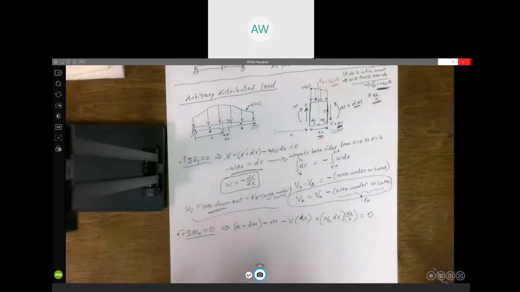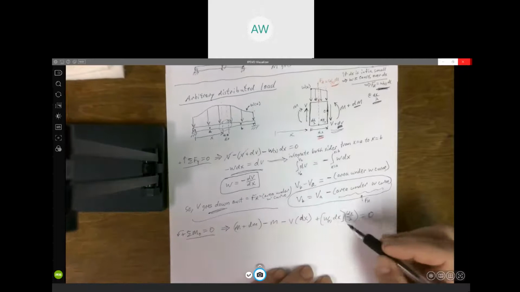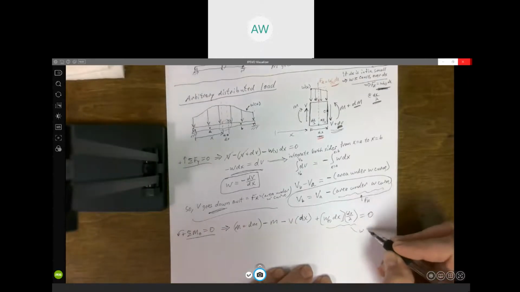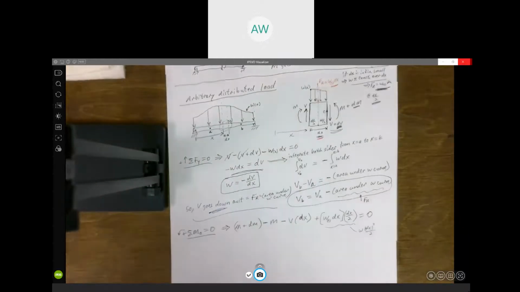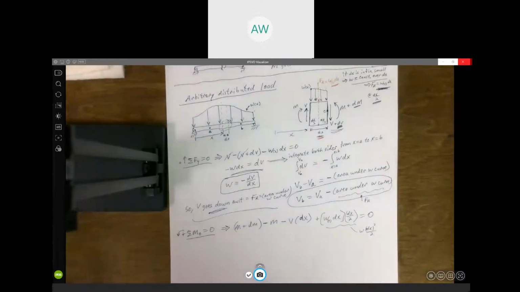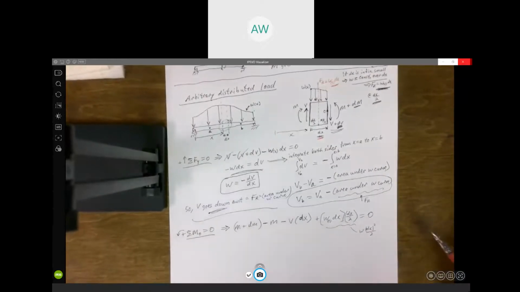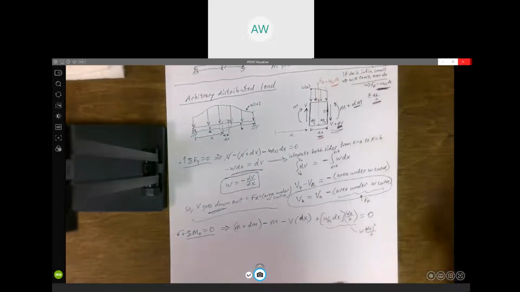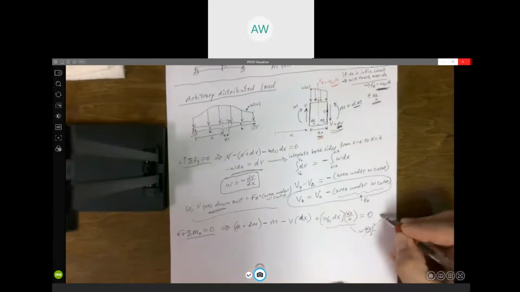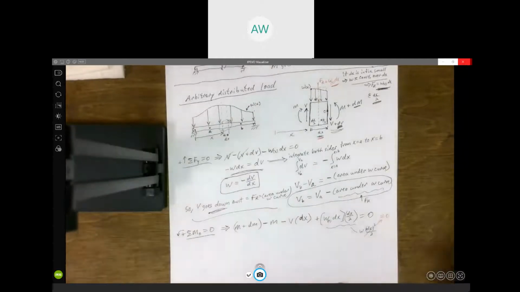Well, remember we said dx was infinitely small. So if we look at this term here, that's w times dx squared over 2. Well, if dx is infinitely small, you square something infinitely small, you get something really, really infinitely small. And then we're going to divide it by 2 and make it even smaller. So essentially, we're going to neglect that term and say it's essentially 0.